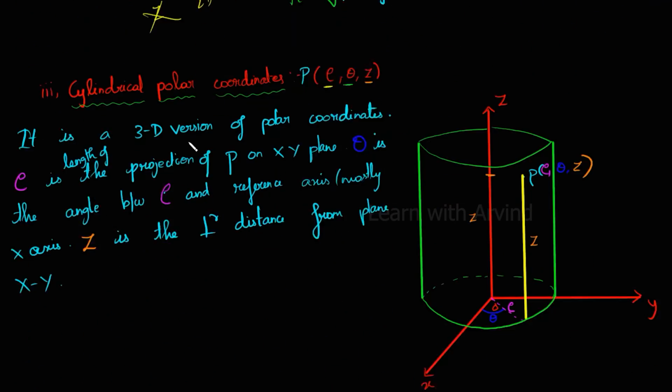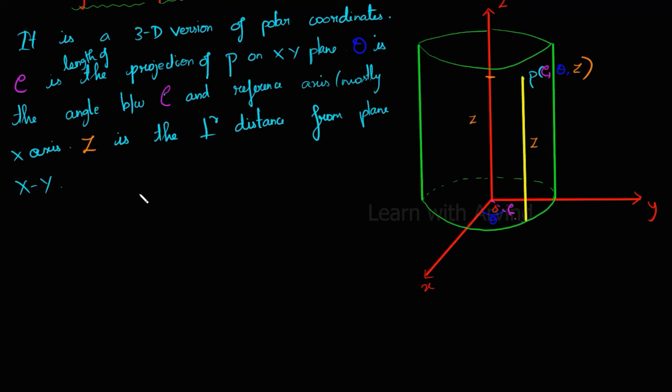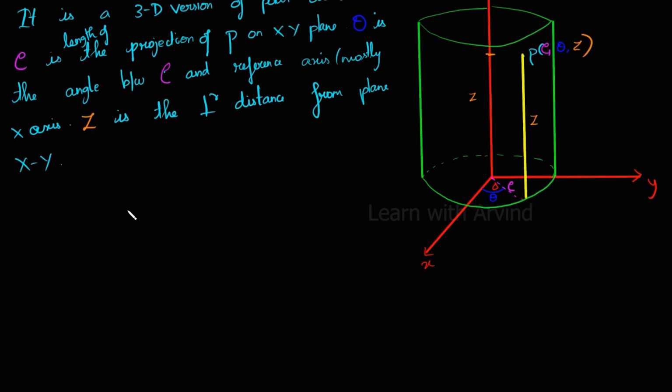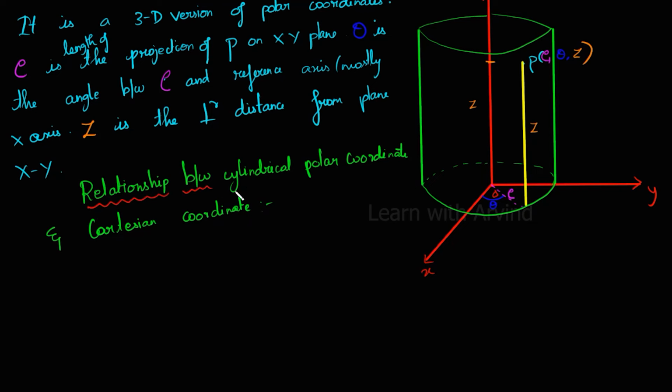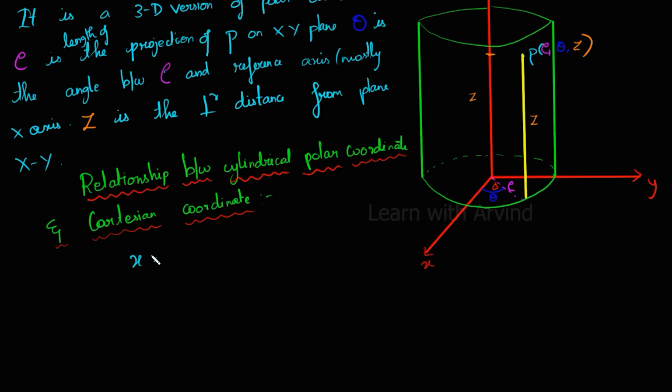Now this could be related with the Cartesian coordinate system too. That is, we are converting the cylindrical polar coordinate system into Cartesian coordinates. The relationship between cylindrical polar coordinates and Cartesian coordinates is given by x is equal to rho cos theta, y is equal to rho sin theta, z is equal to z.